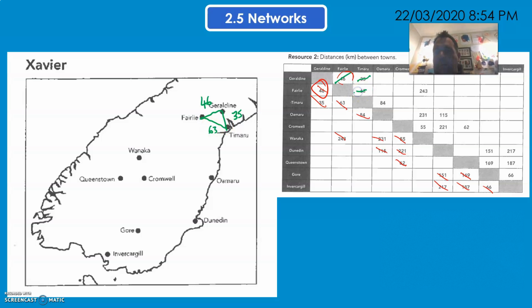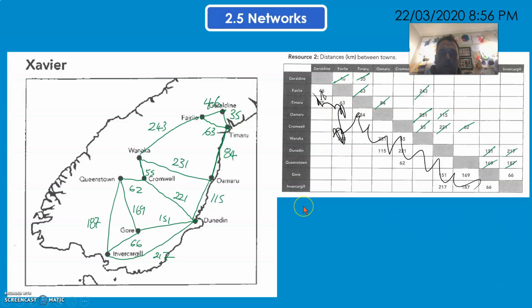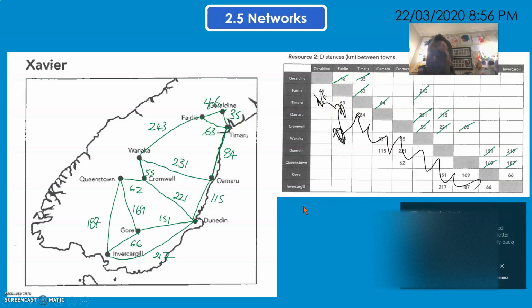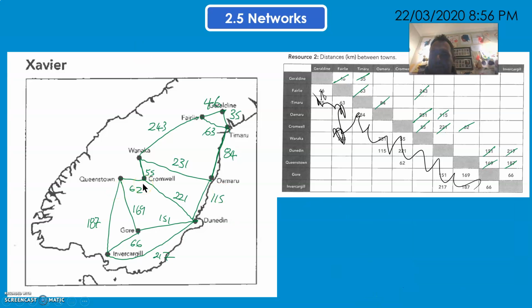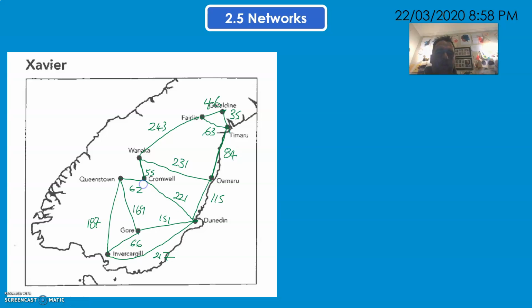And you can go on building that up all the way. So if we skip through that to a completed network, the next stage is to find the shortest path.